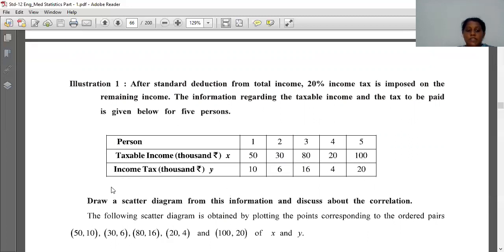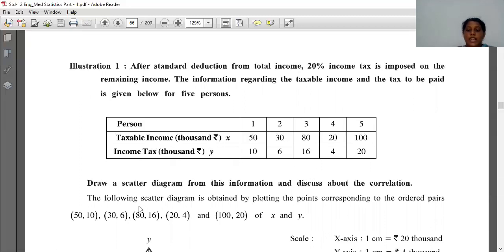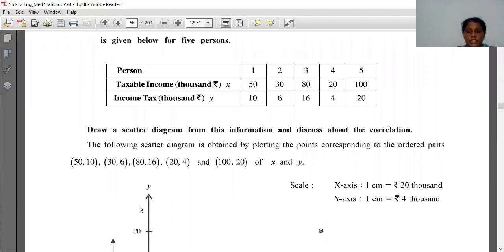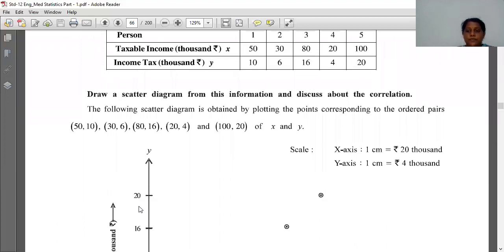Now on the basis of this question, you have to draw a scatter diagram from this information and discuss about the correlation, right? Now, see, I told you in the last video that in brackets two numbers were given. So first number is x and the second number is y. See here also. First number 50, second number 10. So first number is x, second number is y, 50 and 10, 30 and 6, 80 and 16, like this.